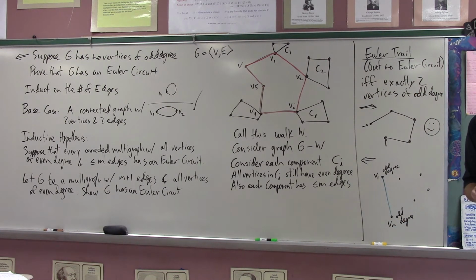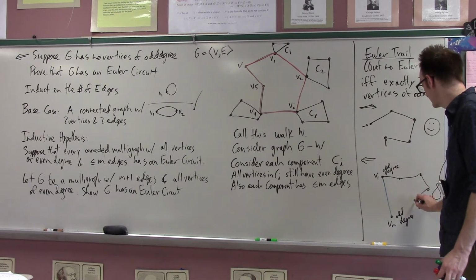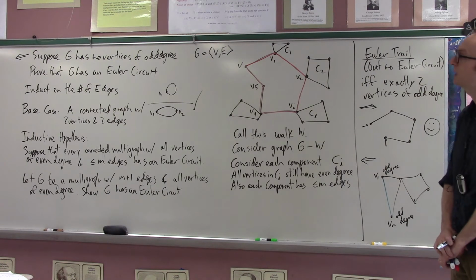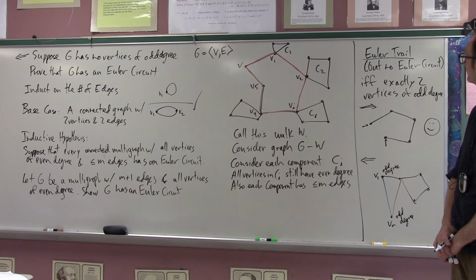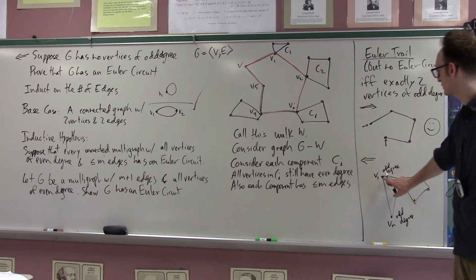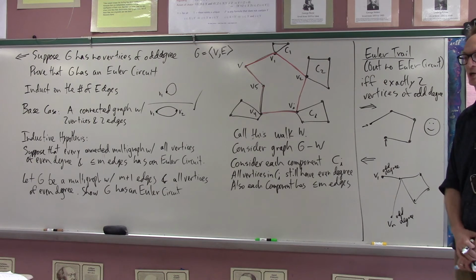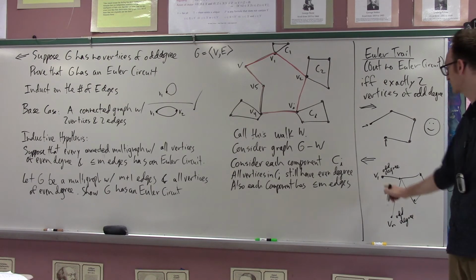And if I add an edge between V1 and Vn, now I have a graph in which every vertex has even degree. And if every vertex has even degree, now there just is an Euler circuit. And then just remove that edge again, and that shows there is your trail. Just start here and end here.